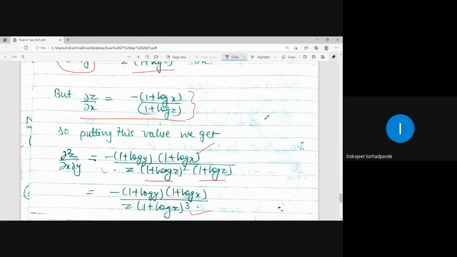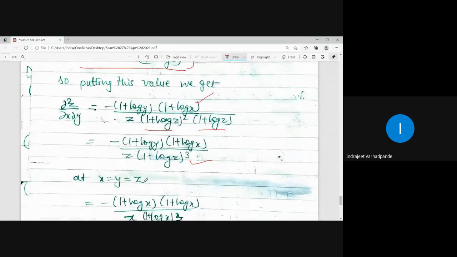So what can I do? I can use the given condition. What is the given condition? x equal to y equal to z. So purposely z and y will be expressed in the form of x, because the RHS of the result requires every term in x. So every y and z will be replaced by x.